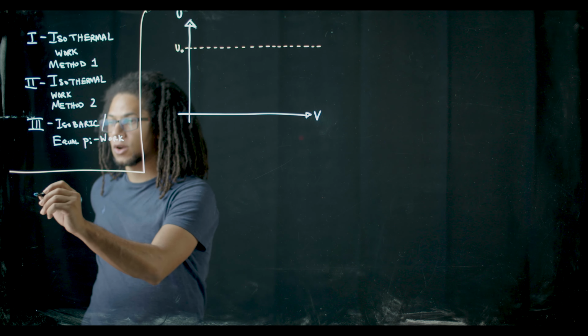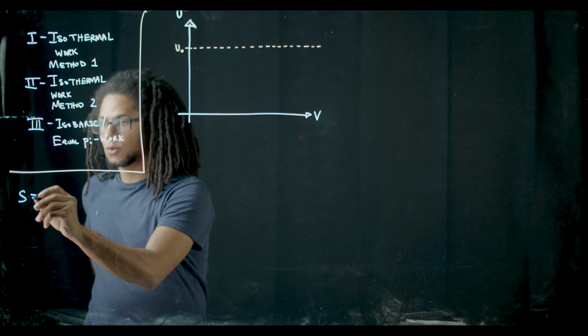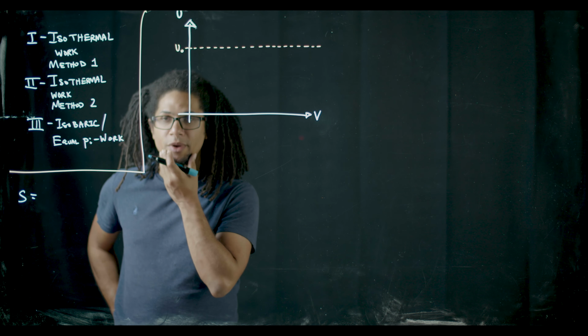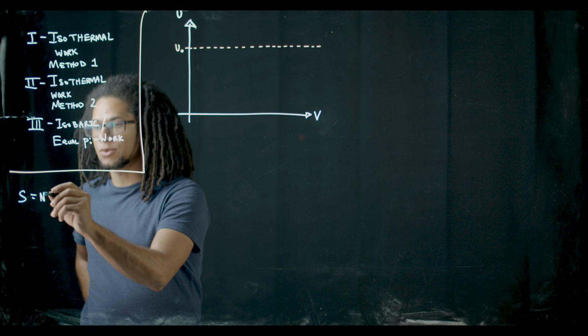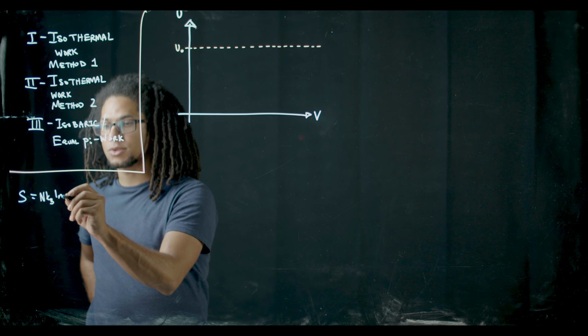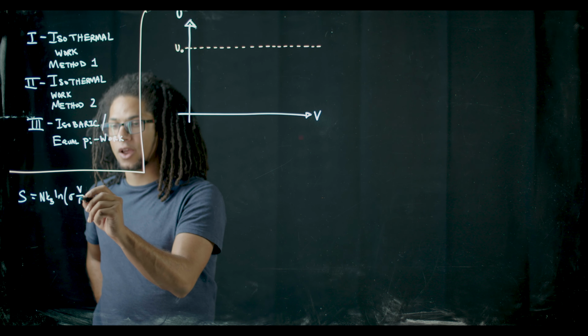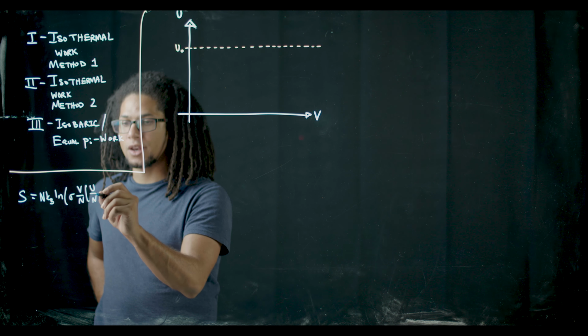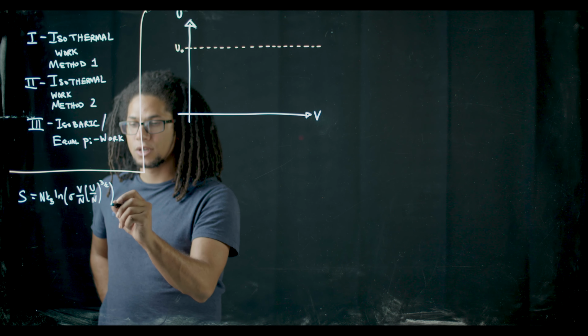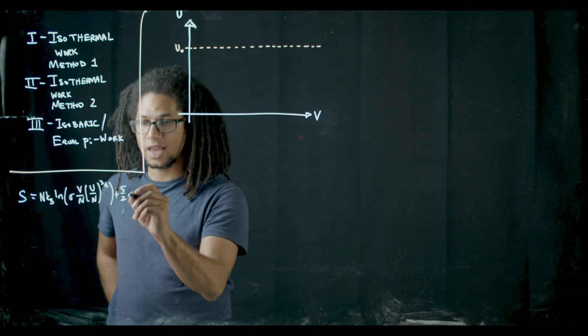Recall that for the monatomic ideal gas, we have S equal to N Kb times the log of sigma V over N, U over N to the 3 halves, plus 5 halves N Kb.